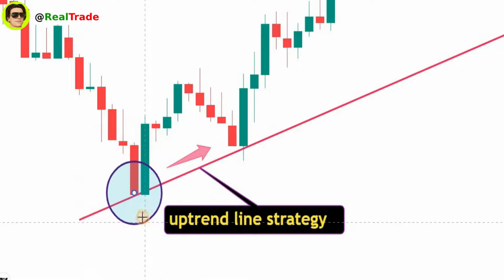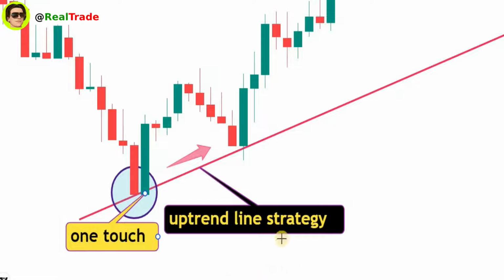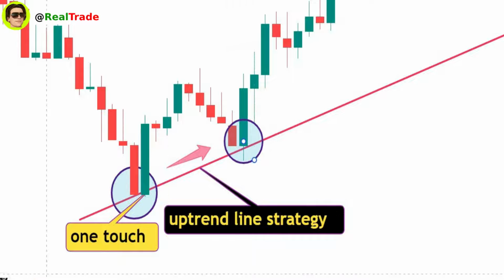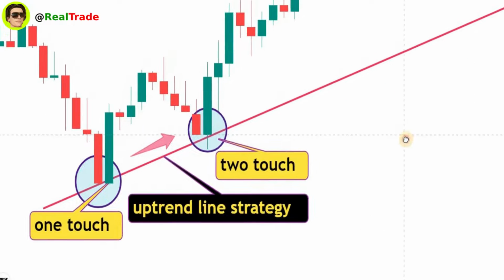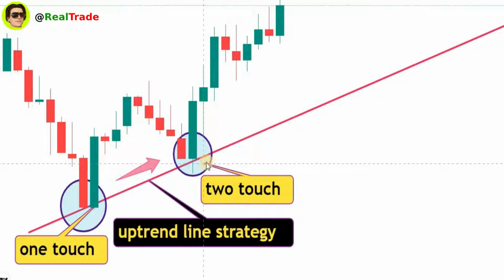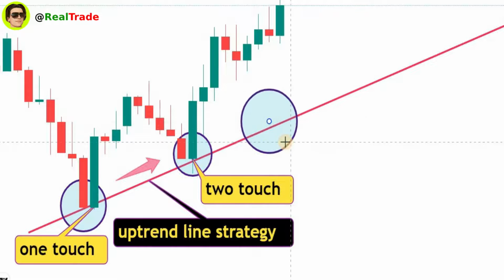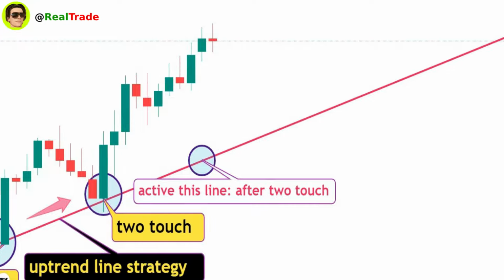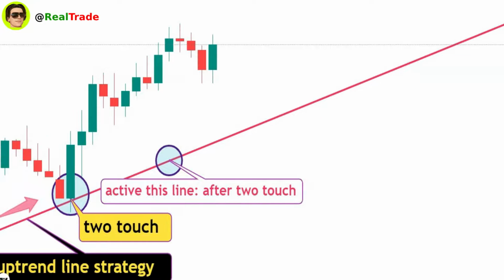This point is one touch and back price. This point is two touch and back price. Yes, after two touch, line strategy active. Uptrend line strategy after two touch.